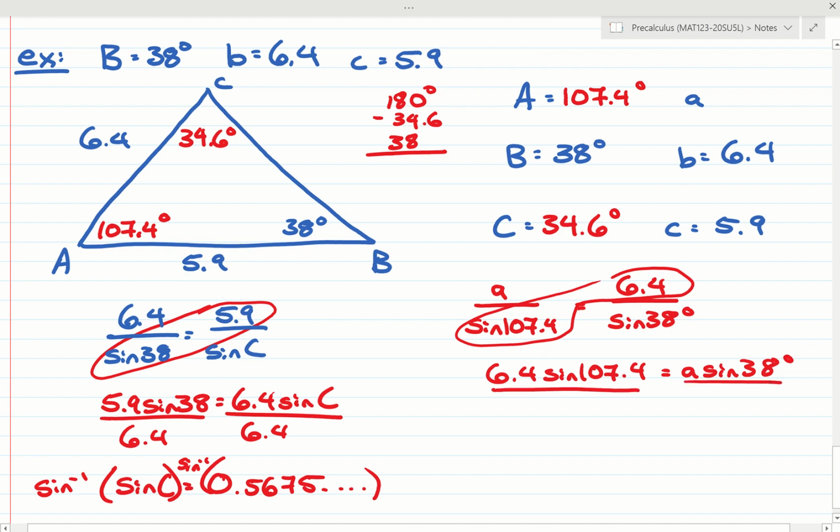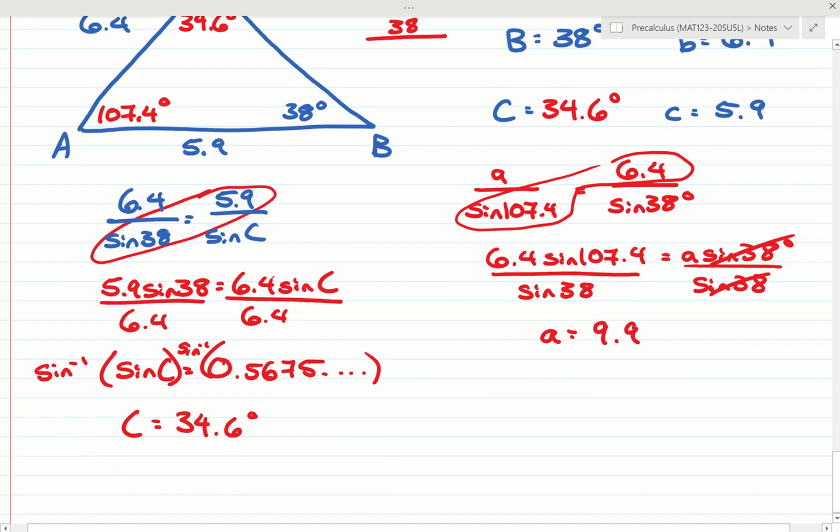Let's get A by itself by dividing by the sine of 38. And A will equal 6.4 times the sine of 107.4 divided by the sine of 38. And my calculator is telling me that side A would now be 9.9. So those are the basics for doing the law of sines.